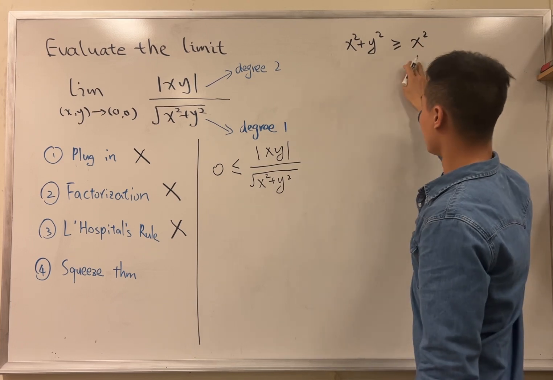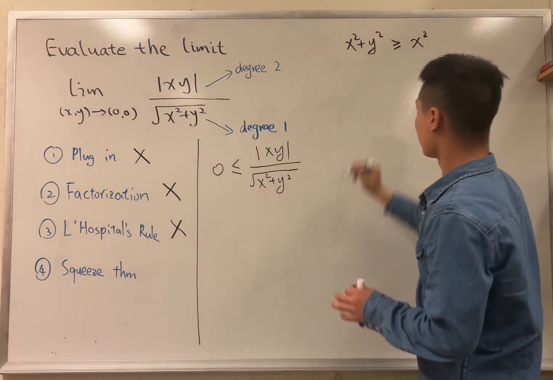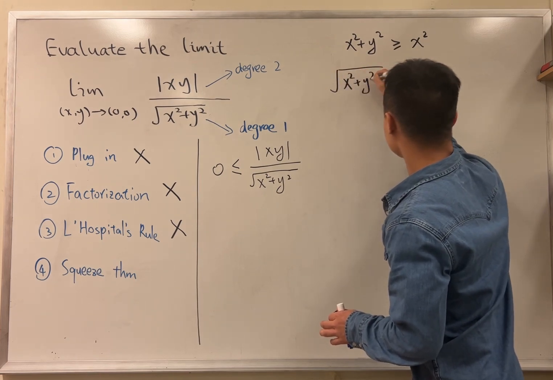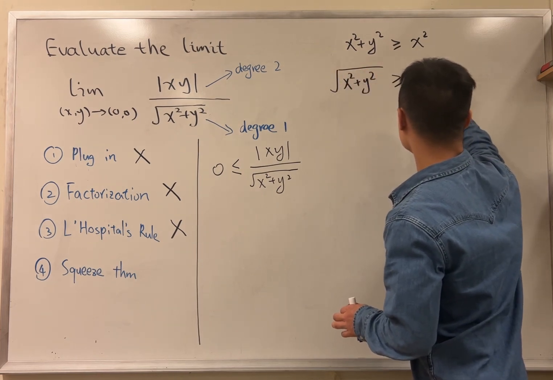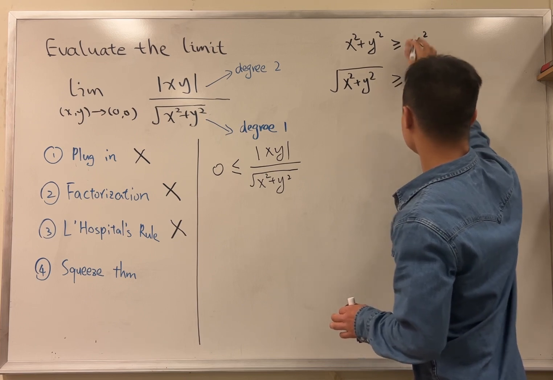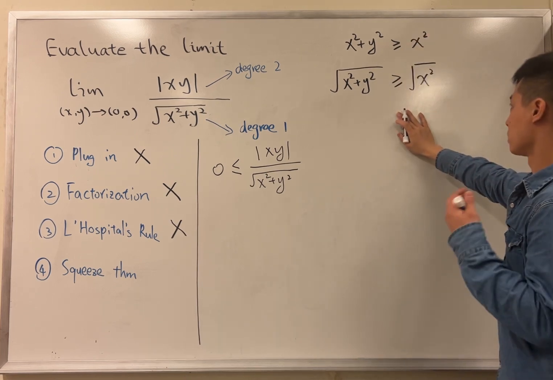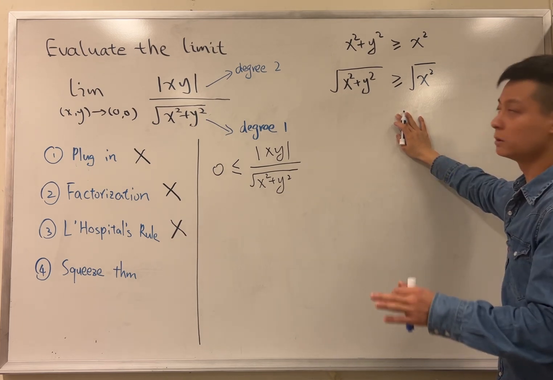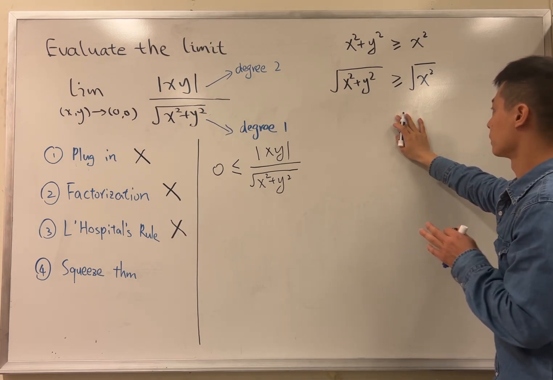Okay? And then we're going to take the square root on both sides, which leaves us with an inequality like that. So this kind of inequality still holds, right? And then we're going to take the reciprocal on both sides of this inequality.